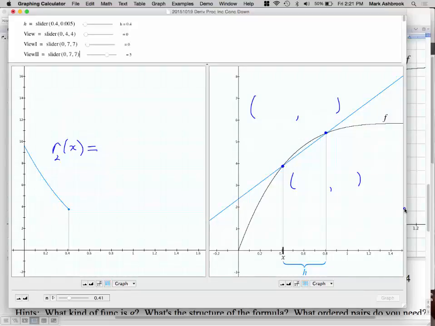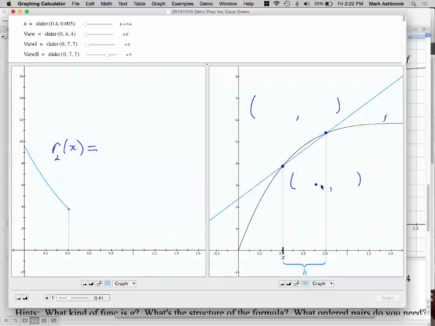Everyone should be able to do it. x is always the starting value of the interval. The current value of x is always the starting point of the interval.